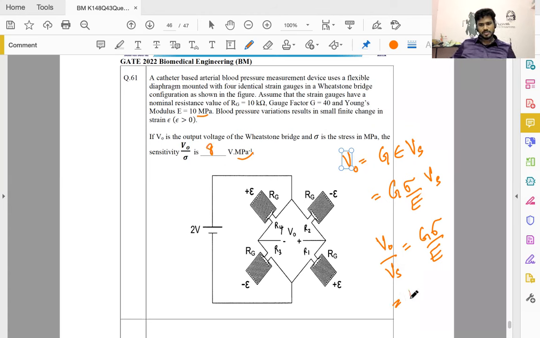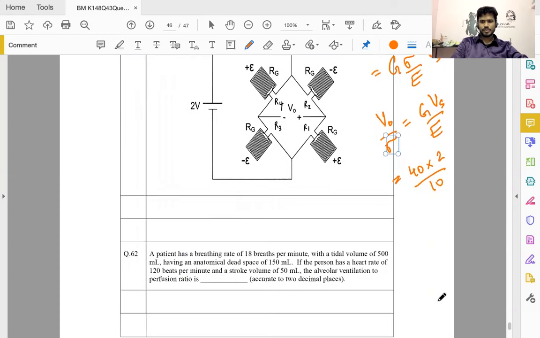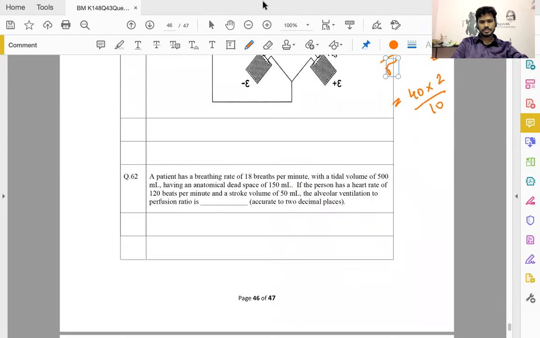To be specific, slightly, they are asking for this. Sigma Vs, 40 into 2 by 10. No unit conversions, nothing. Unfortunately, in this question, students made a mistake. Tidal volume is 500 ml. You understood that part.